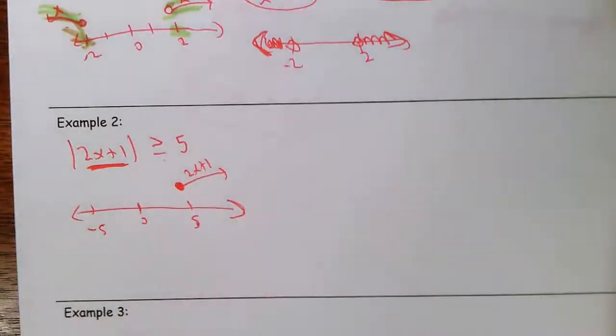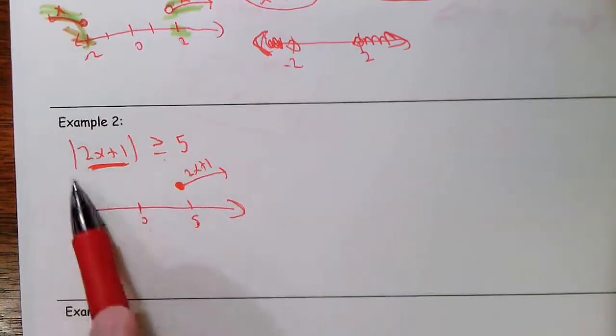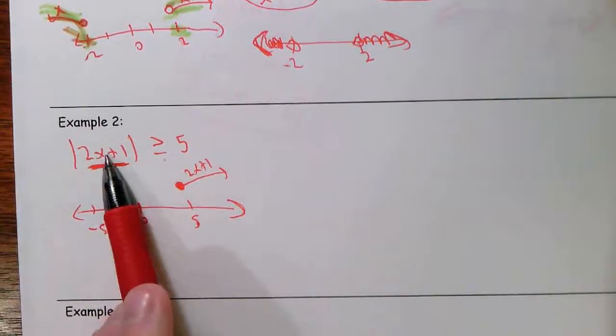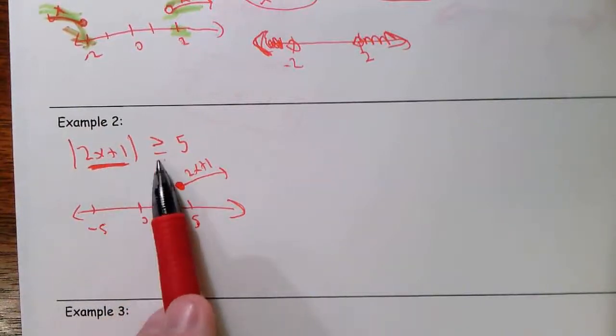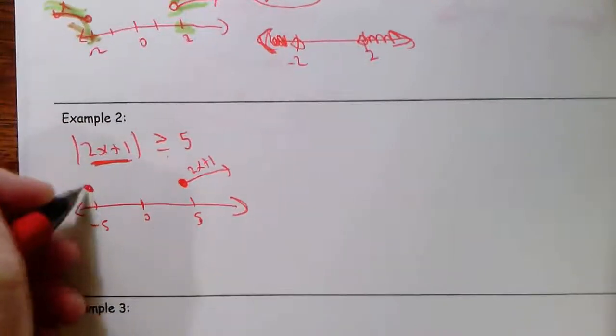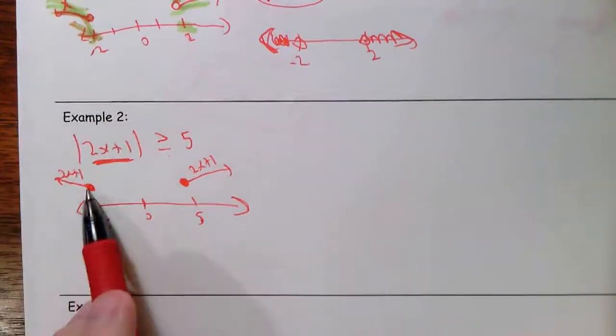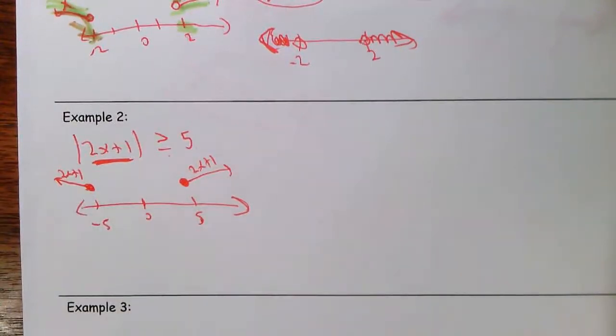All of these numbers would have a distance greater than or equal to 5. So all of these numbers are possibilities for the 2x plus 1. Because again, the 2x plus 1 is inside the absolute value bars, meaning its distance is greater than or equal to 5 spots from 0. And the same is true over here, but now it goes this way. 2x plus 1 could be all these numbers.